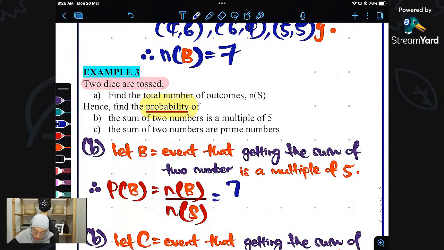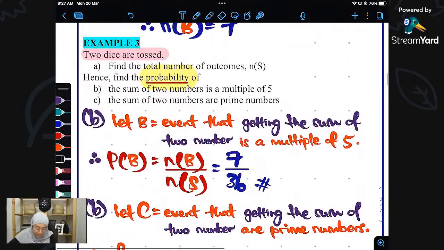So you put here 7 divided by 36, because the total sample space is 36 while the number of event is 7. Therefore, that's the answer. This is the probability of getting the sum of the two numbers that is a multiple of 5.